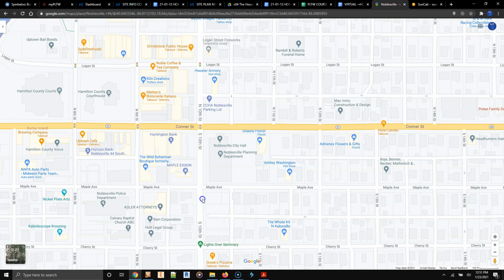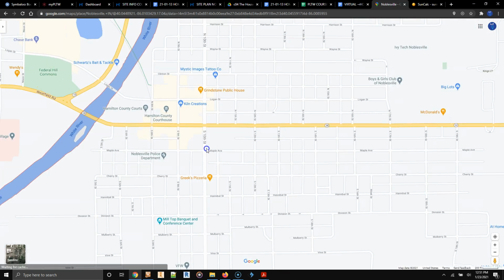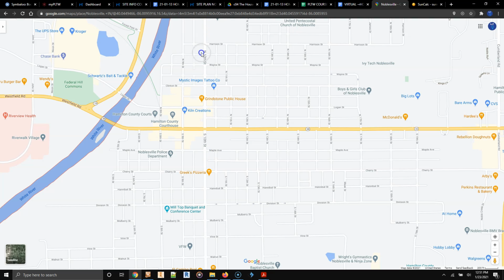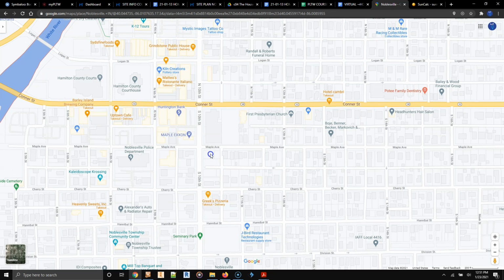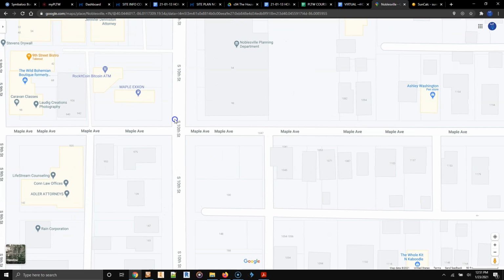However, 10th Street is a pretty large street. If you zoom out, you can see that 10th Street shows up as an arterial, and that means it's probably going to have a little bit more traffic than we would see on Maple Street. So a concern we may have would be traffic on this side of the street.